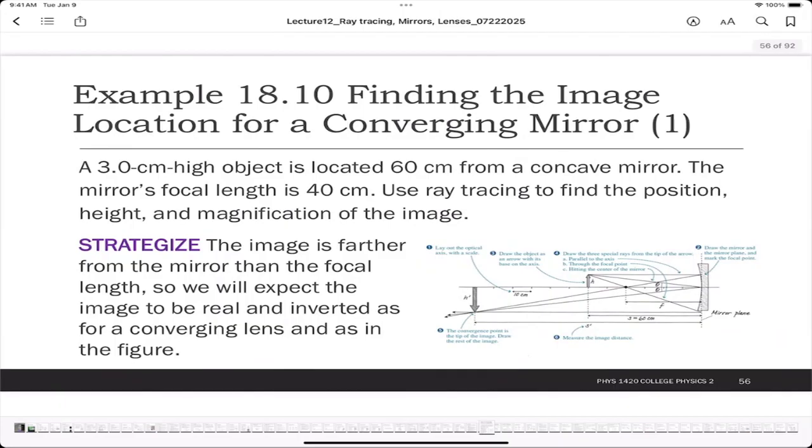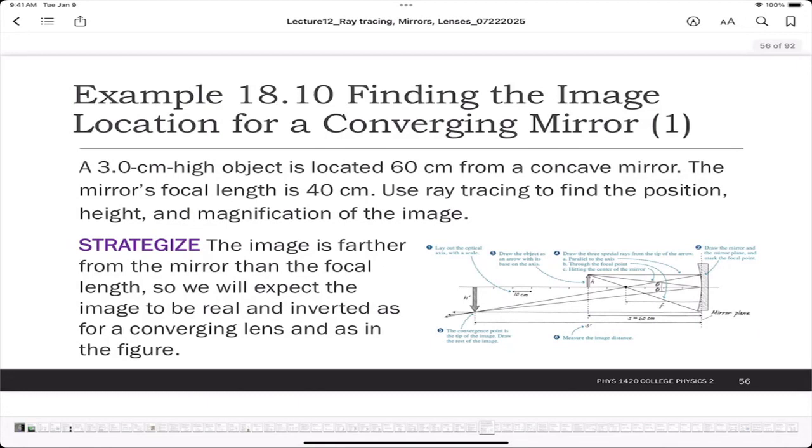There is one example, finding the image location for a concave mirror: a 3 centimeter high object is located 16 centimeter from a concave mirror. The mirror's focal length is 40 centimeter. Use ray tracing to find the position, height, and magnification of the image.